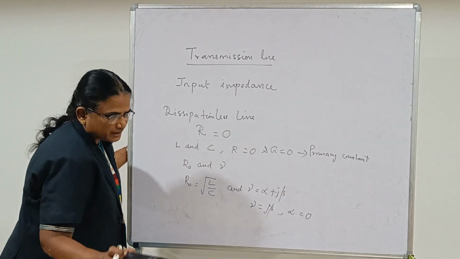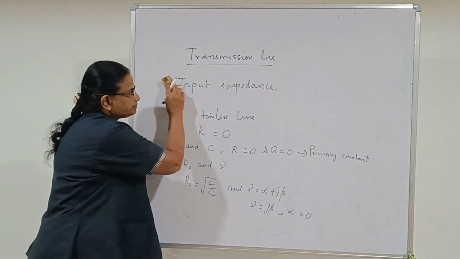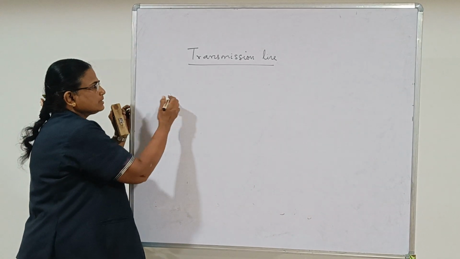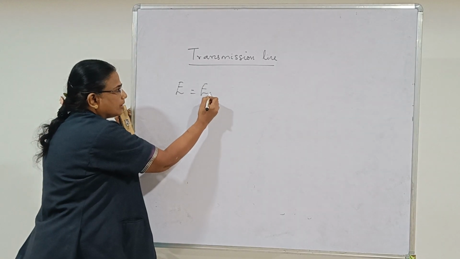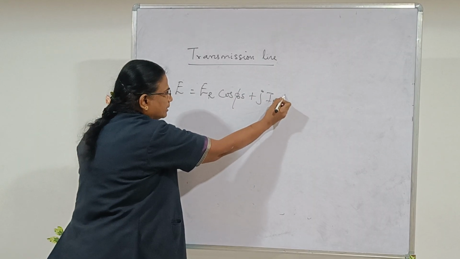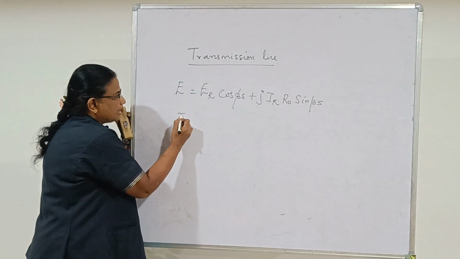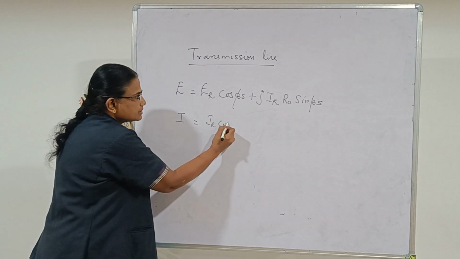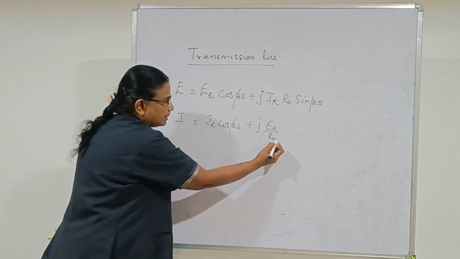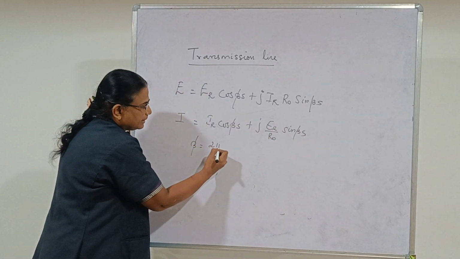And the voltage and current equations for a line of zero dissipation are written as E is equal to ER cos beta S plus j IR R0 sin beta S, and I is equal to IR cos beta S plus j ER by R0 sin beta S, where beta is 2 pi by lambda.